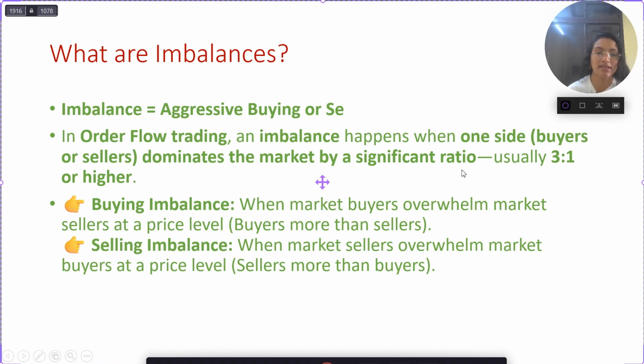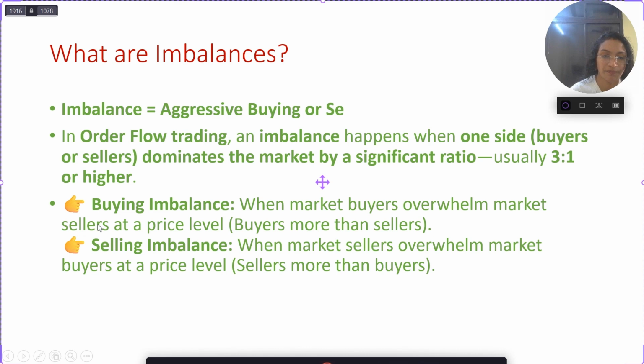I have told you there is an imbalance. What is the imbalance value? You have to measure this to say that an imbalance has happened. That measure is 3:1 or higher. A minimum 3:1 ratio imbalance should be there. I'm going to explain this in detail in this video, so stay tuned.